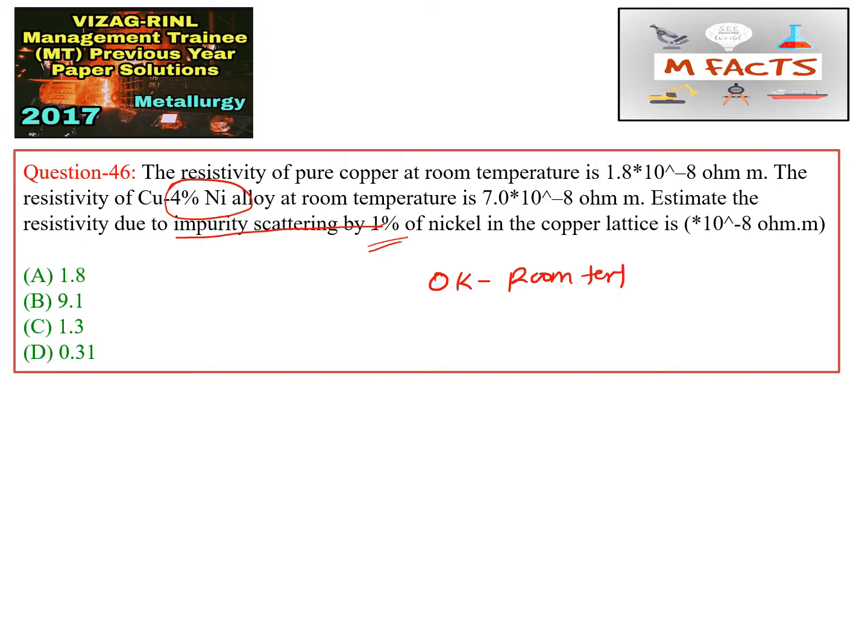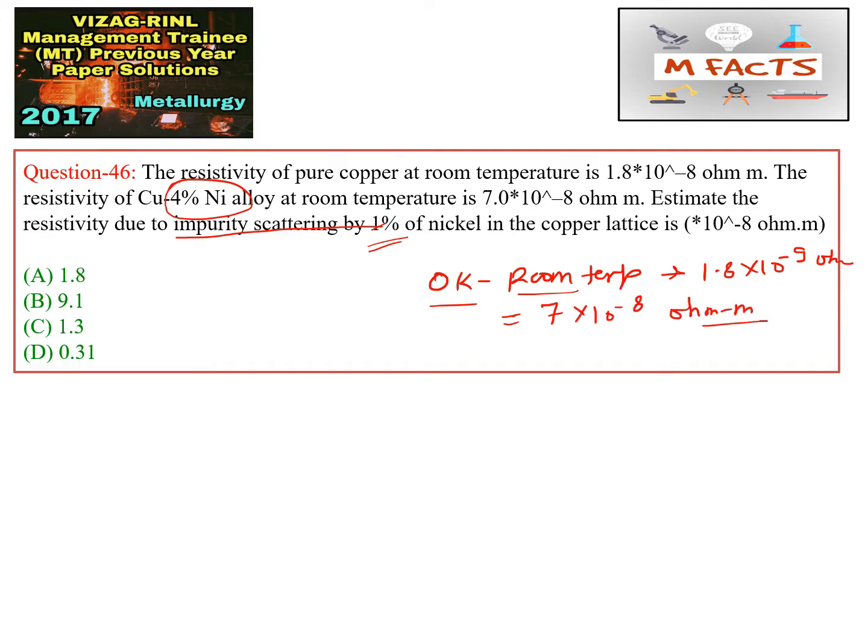The resistivity without alloying at room temperature is 1.8 multiplied by 10 to the power minus 9 ohm meter. And the resistivity after alloying is 7 multiplied by 10 power minus 8 ohm meter.